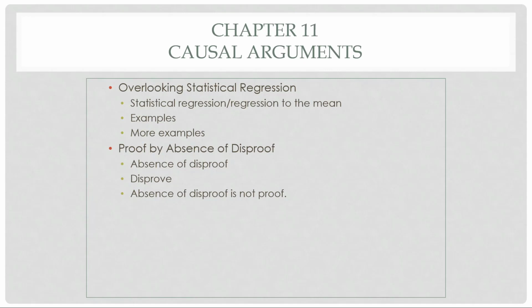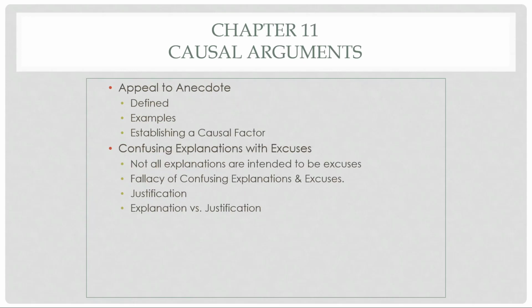Our next fallacy is one we saw earlier, the appeal to anecdote, or appeal to anecdotal evidence. This hasn't changed since we looked at it earlier, but to recap it, in the context of causal reasoning, this is a fallacy that occurs in the context of statistical reasoning, in which data that offers reasonable support for a general claim are ignored in favor of an example, a story, or two that do not.